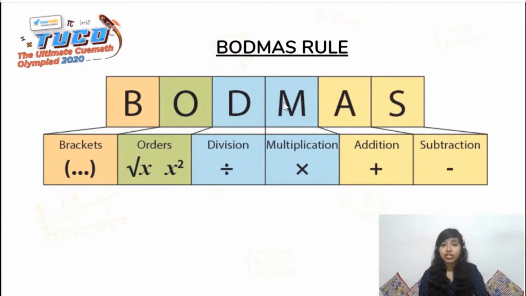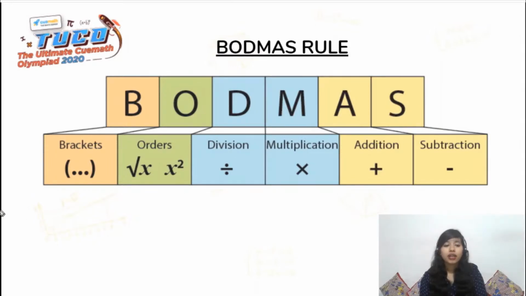Division and multiplication are at the same priority, and addition and subtraction are at the same priority, but you must always know that division and multiplication are at a greater priority than addition and subtraction. Okay, to understand this better, let me show you a quick example.